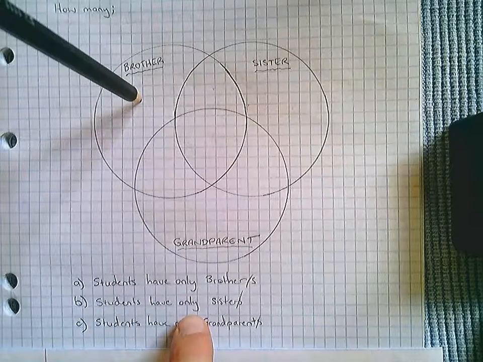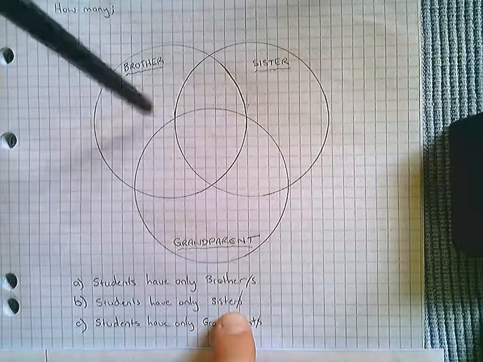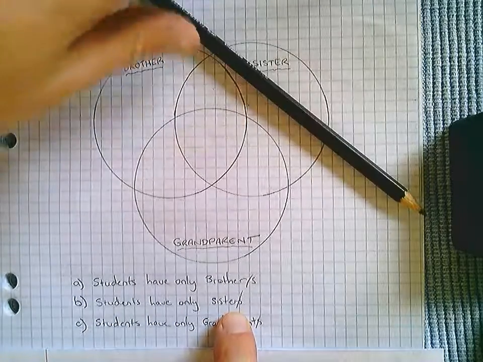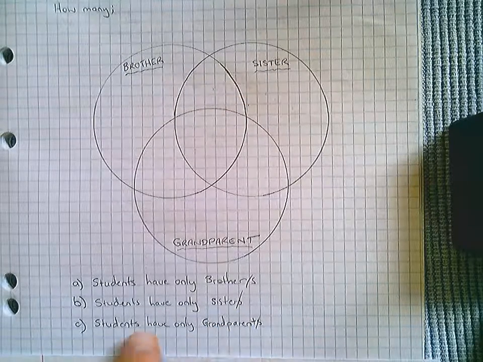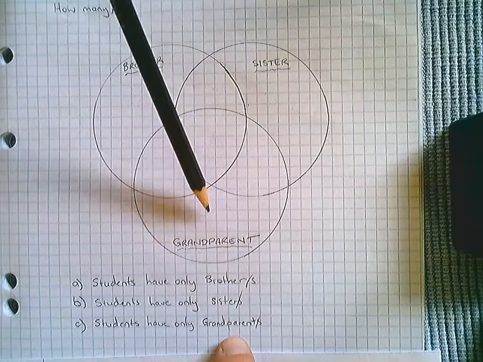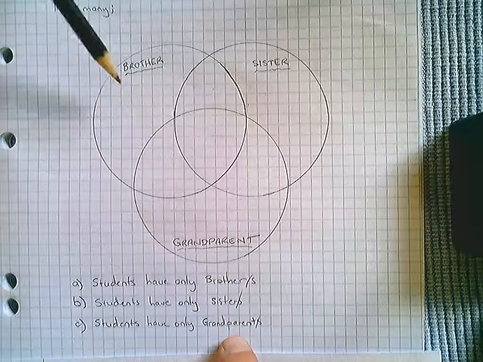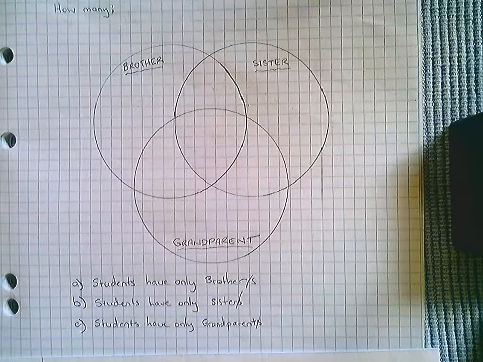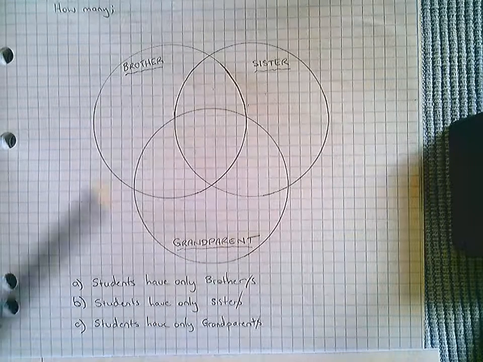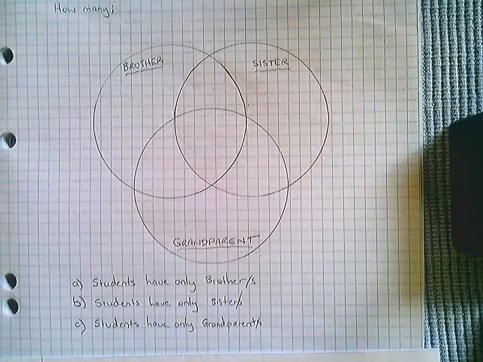This one, students who have only sisters, would be represented by this value here. And finally, students who have only grandparents would be represented by this value here. So they're the 3 things that will answer and satisfy these questions. So all I need to do, once I've filled it in, is pull those 3 values out and I've answered A, B and C.